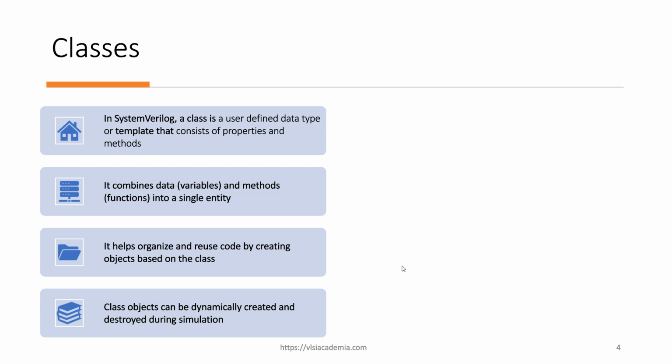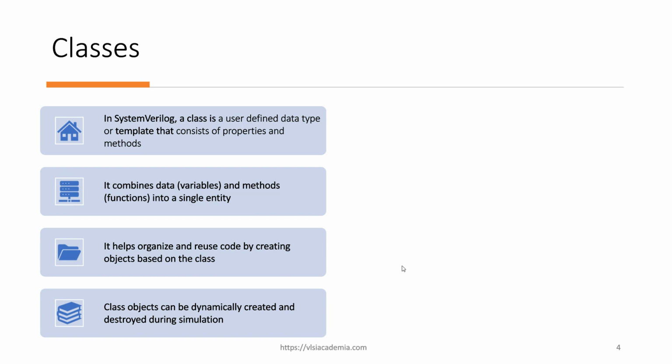So basically the code is reduced and the code is reusable, since we are using the same blueprint again and again multiple times for creating different objects, like different houses in our example. So our code is reduced and we are reusing the code.